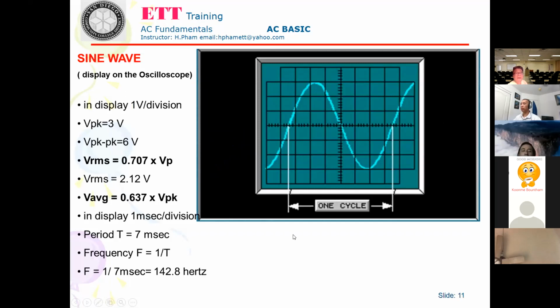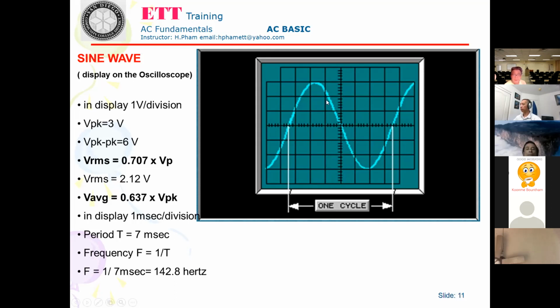Okay, now this is a sine wave. If you're working on the oscilloscope, that's what they display. If they want to know the volt peak to peak, how do we get the volt peak to peak of this sine wave? Basically, on an oscilloscope, analog scope or digital scope, they get the same thing.